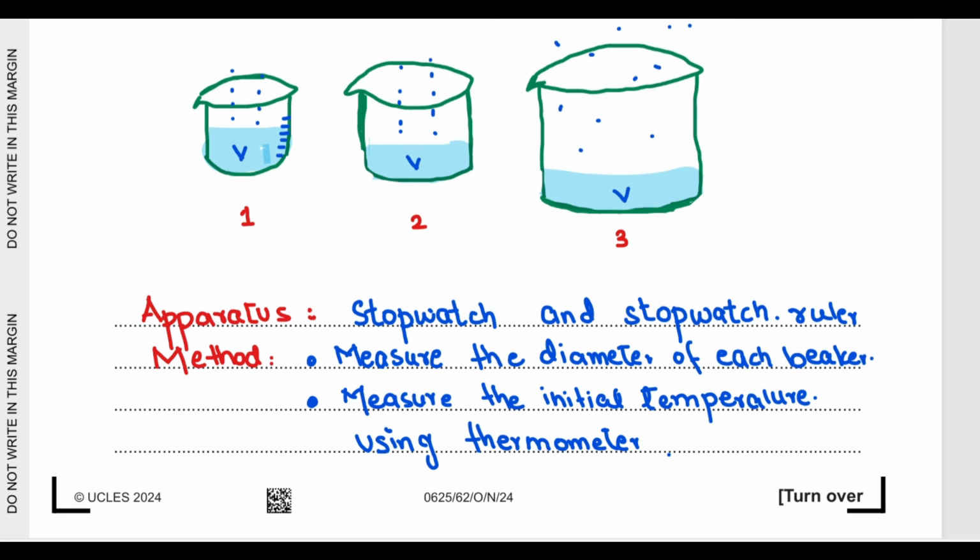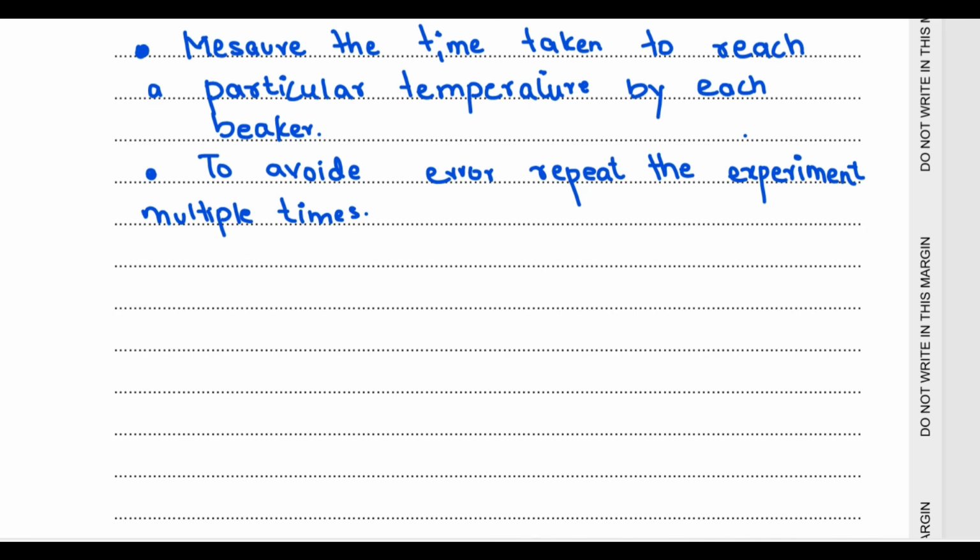After it, we will measure the initial temperature of hot water that we are using with thermometer. After this point, we will measure the time taken to reach a particular temperature by each beaker. And to avoid any errors, we will repeat the experiment multiple times.